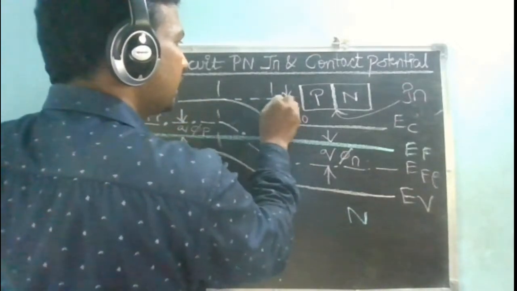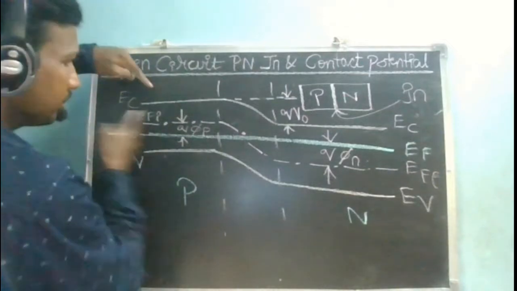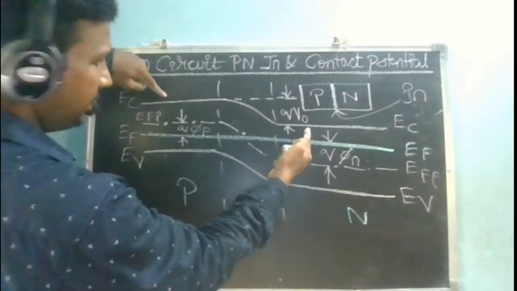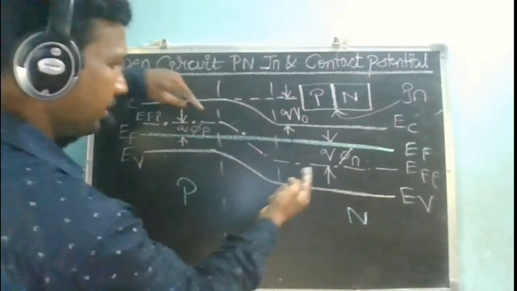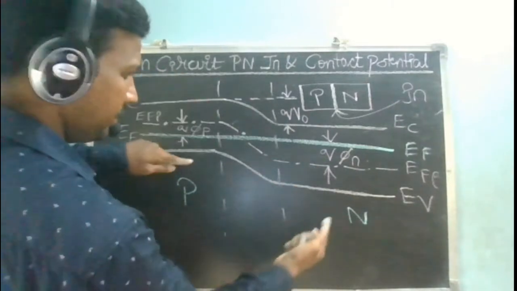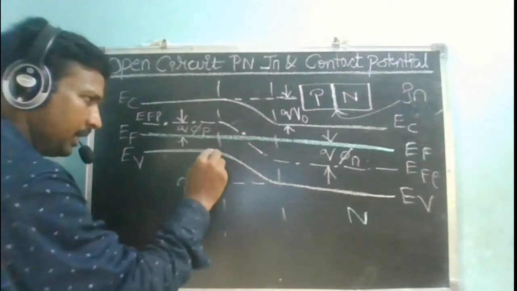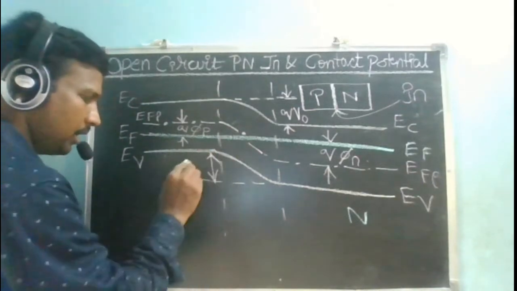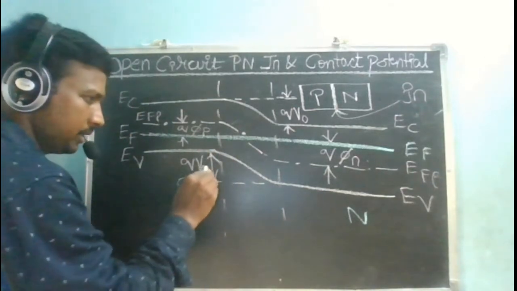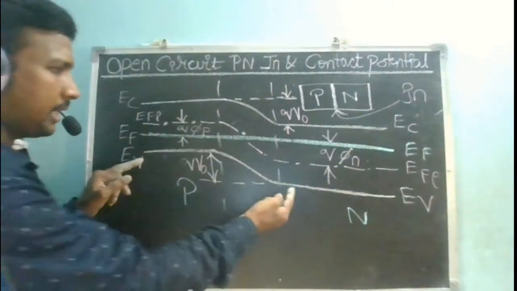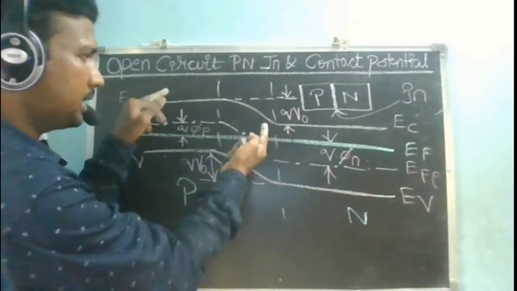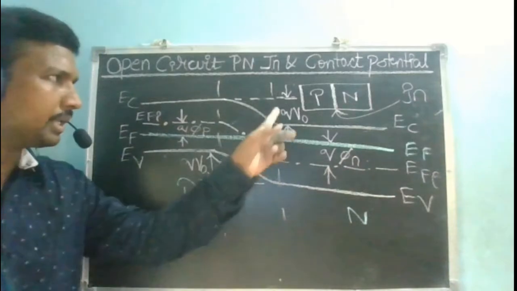Which height am I calling the built-in potential? The difference between this EC, or this EFi, or this EV. Even if I extend onto this side, this particular distance is also the same built-in potential. Whatever distance I find between EV or EC or EFi, all are the same, all representing the built-in potential.